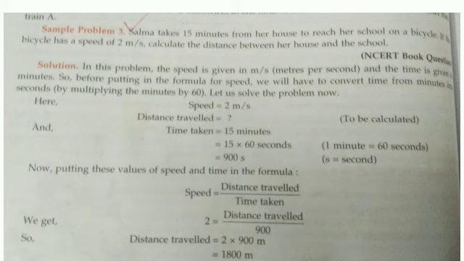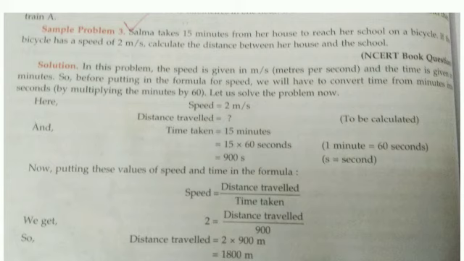Problem 3. Salma takes 15 minutes from her house to reach her school on a bicycle. If the bicycle has a speed of 2 meters per second, calculate the distance between the house and the school.